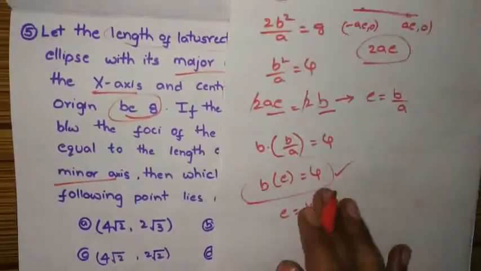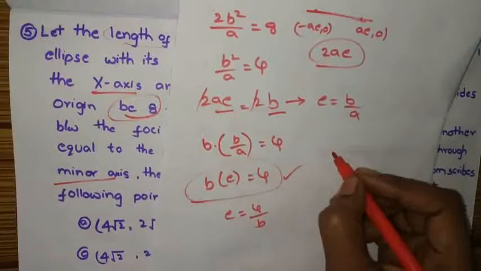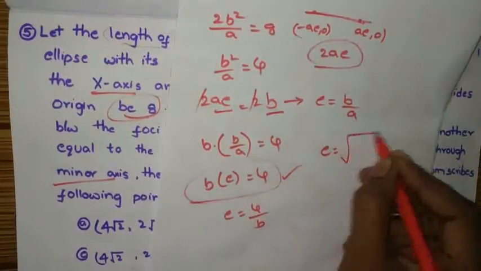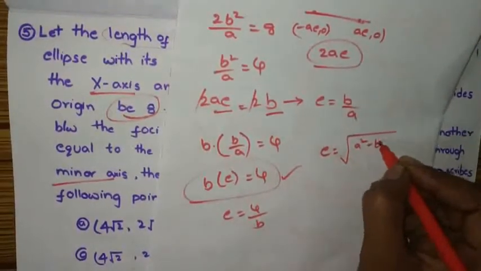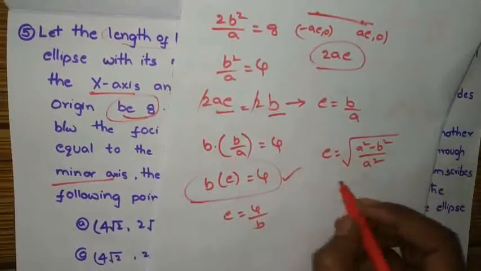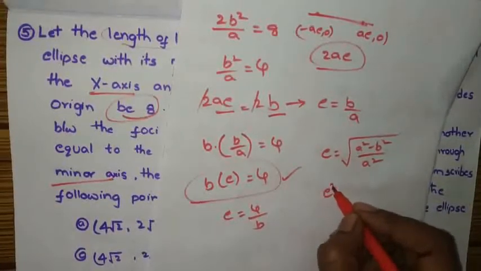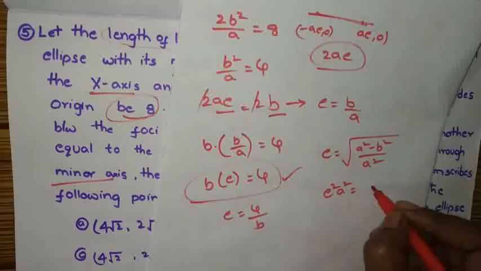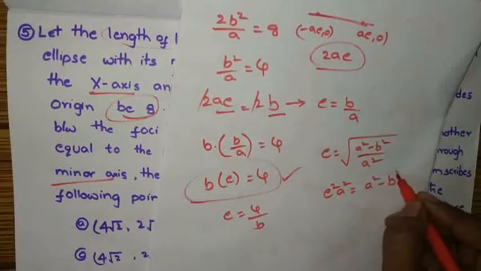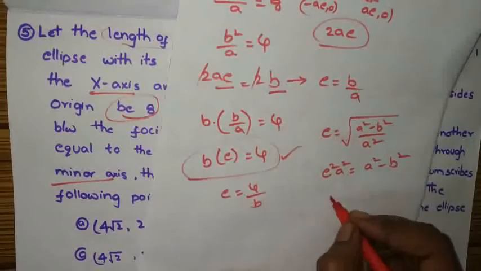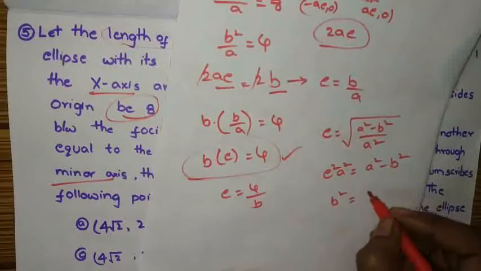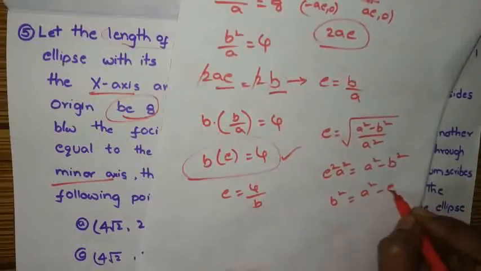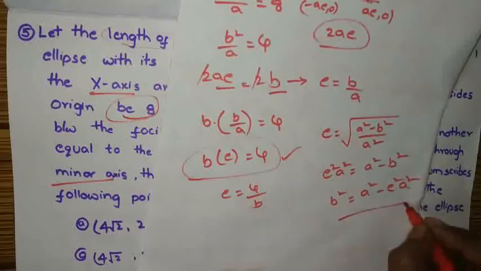See, for this ellipse, what is the eccentricity? Eccentricity is equal to square root of (a square minus b square) by a square. So from this we can get that e square a square is equal to a square minus b square. Now b square is equal to a square minus e square a square.